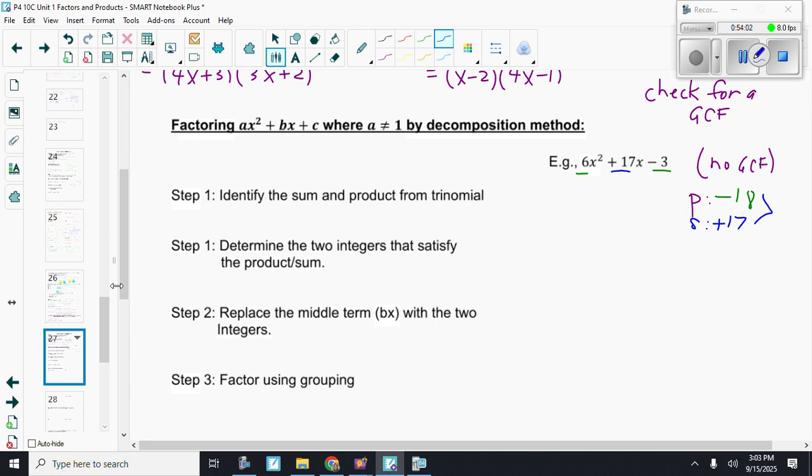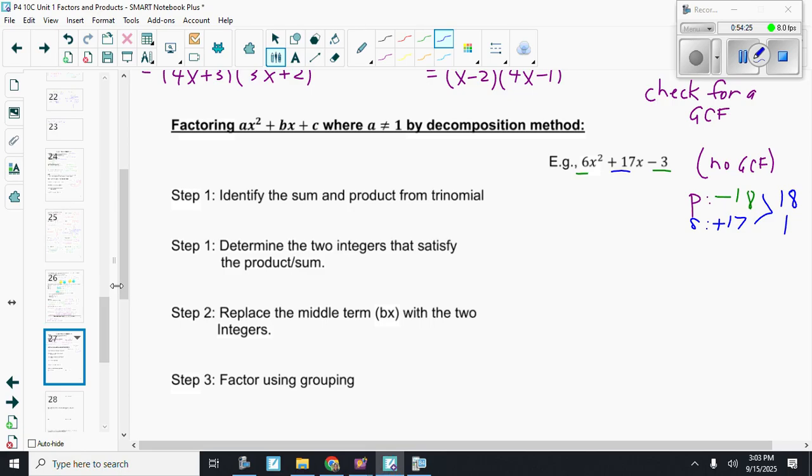What are two numbers that multiply together to give me negative 18, add to give me positive 17? What have we got? Not much of a choice. How about 1 and 18? Yeah, because 3 and 6 isn't going to get us there. 2 and 9 isn't going to get us there. So we're going to have to choose 18 and 1.